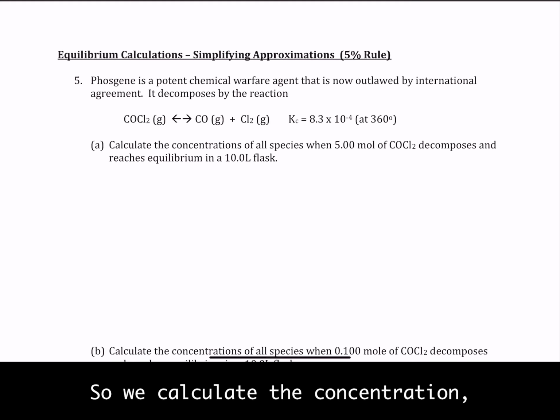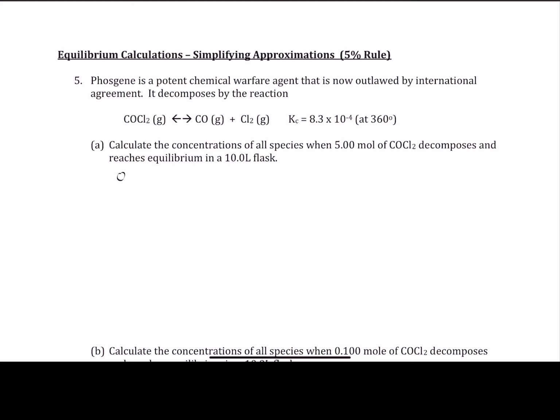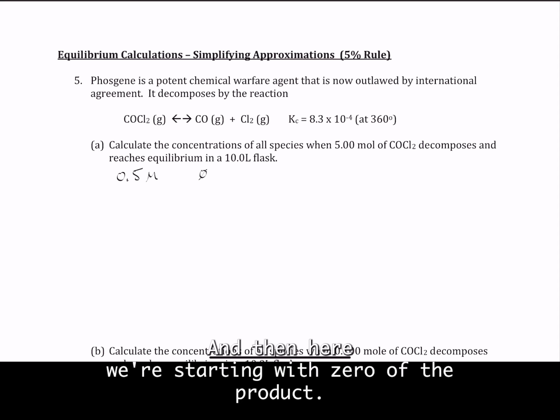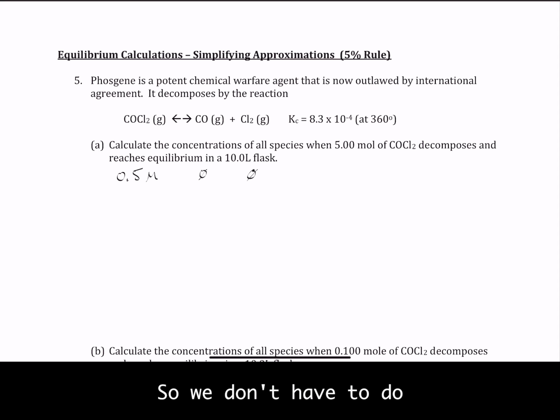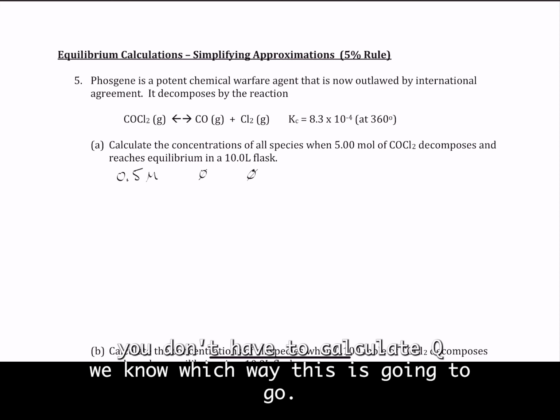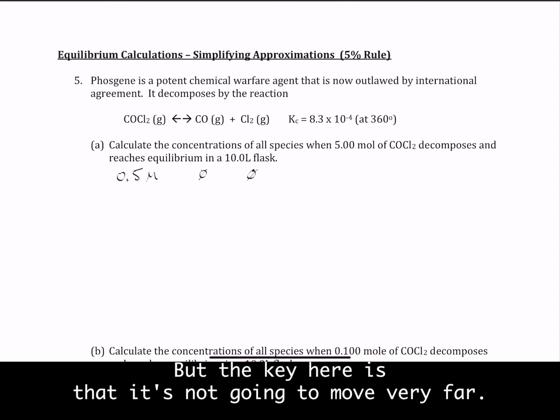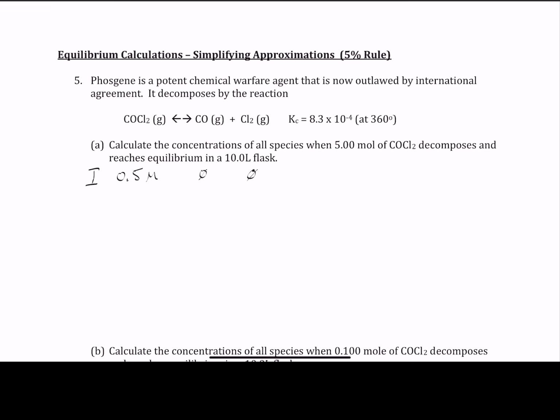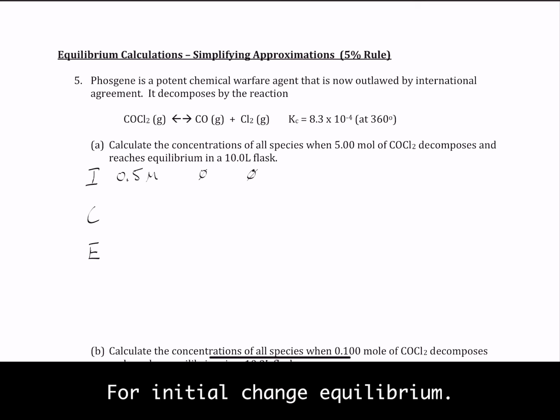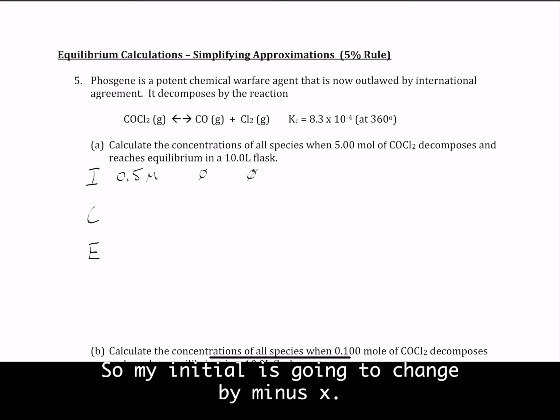So if we calculate the concentration, 5 divided by 10. And then here we're starting with 0 of the product, so we don't have to calculate Q. We know which way this is going to go. But the key here is that it's not going to move very far. Initial, change, equilibrium. So my initial is going to change by minus x.